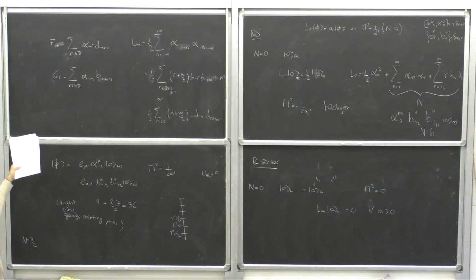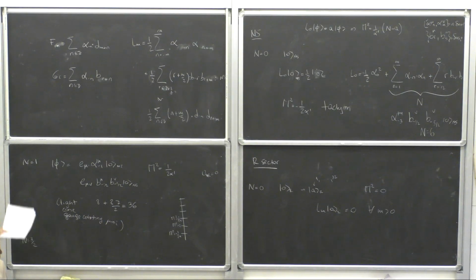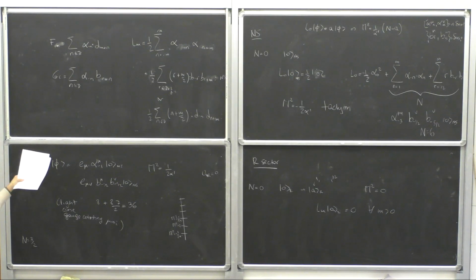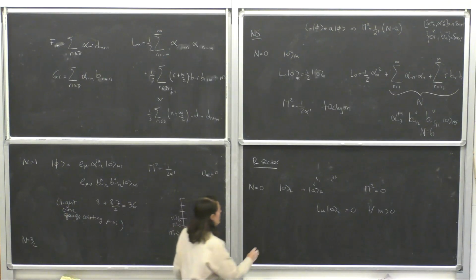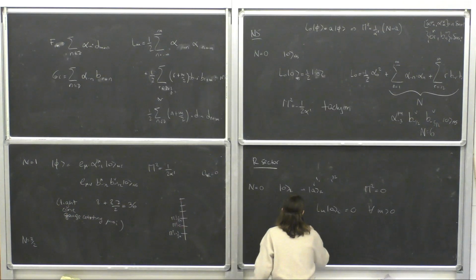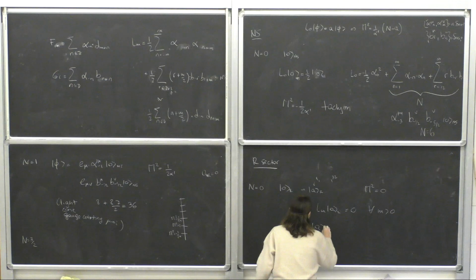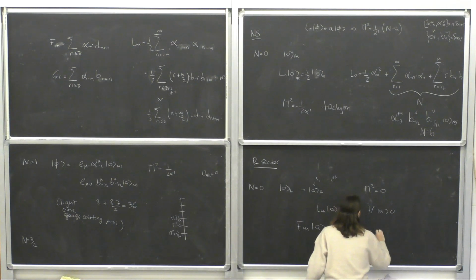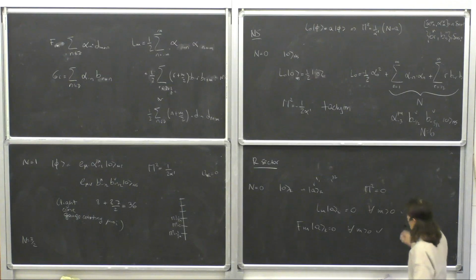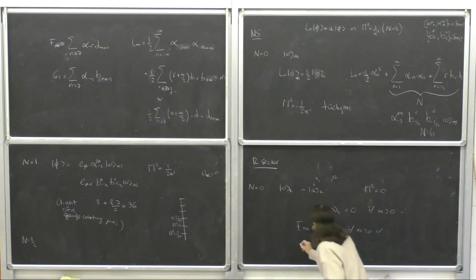And from the F_m, the only one that is going to give me a non-trivial condition is F_0, because all the others will have either the alphas or the d's annihilate this state. So F_m |a>_Ramond equals 0 for all m greater than 0. This is trivially satisfied. And I have to see the F_0 condition.